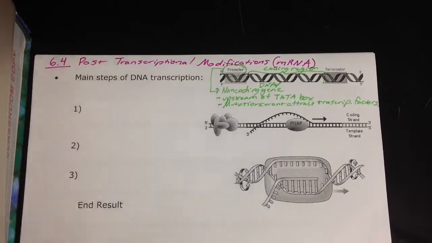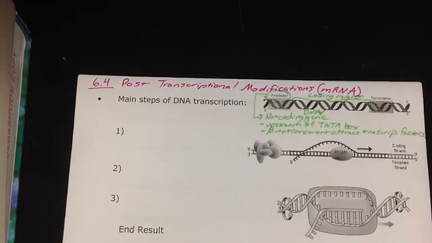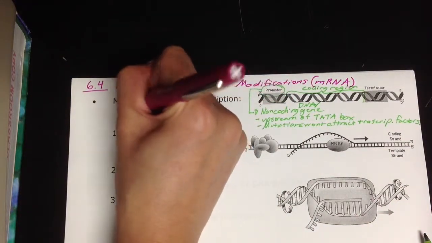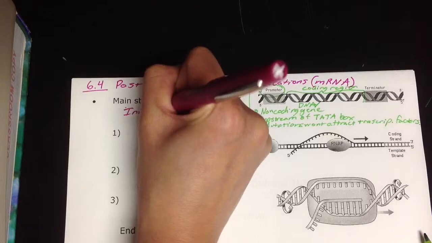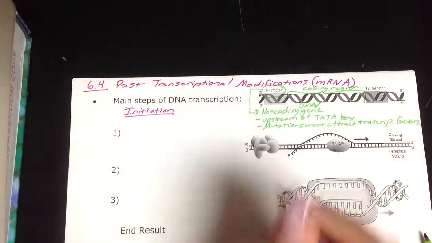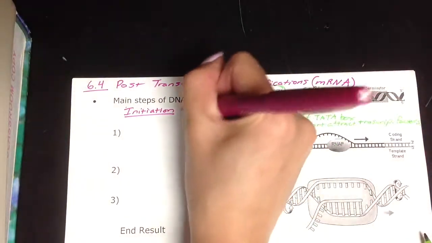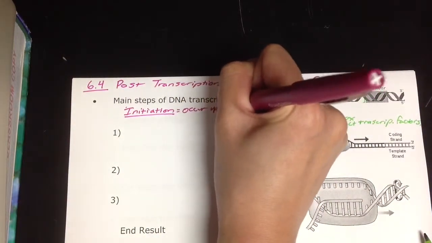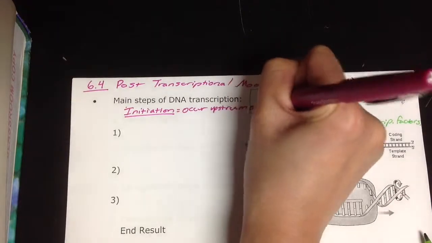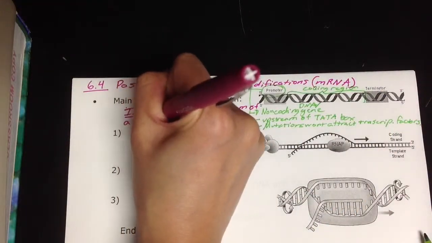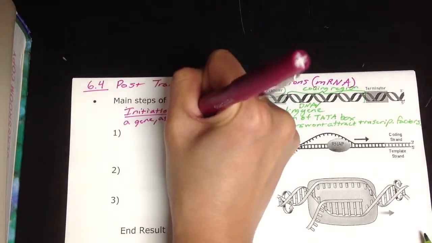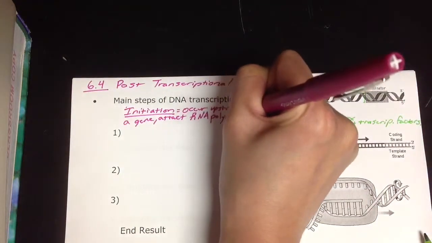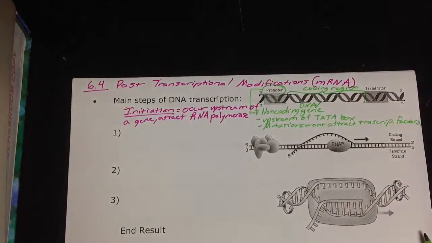So our first step in transcription is number one, initiation. Initiation is the first step, and this is again going to occur upstream of a gene, and what we do is we attract an RNA polymerase, just like how we had a DNA polymerase.